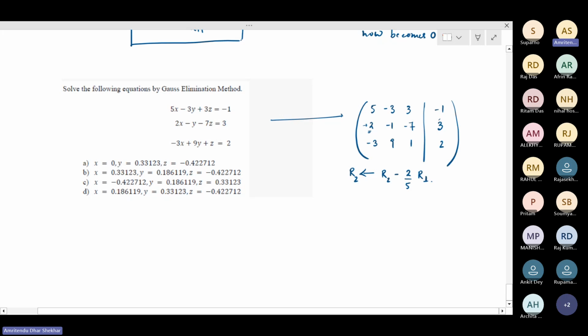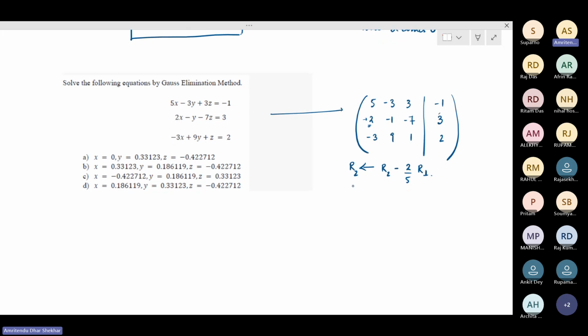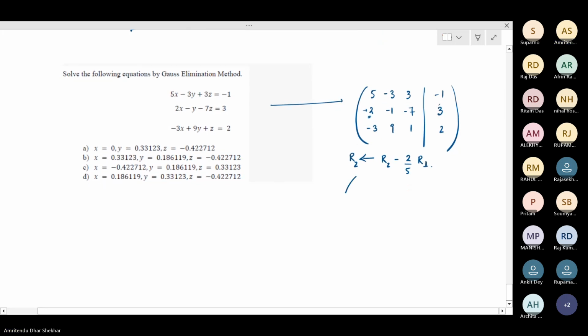If you do that, then you have 5, minus 3, 3, but this term is now equal to 0.